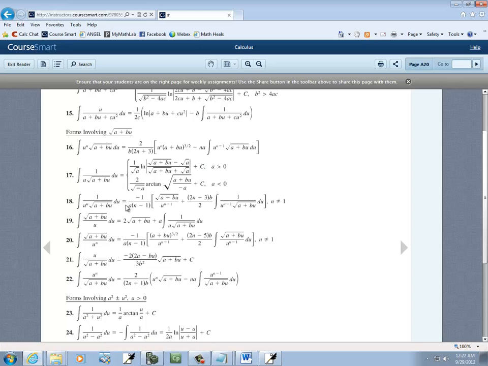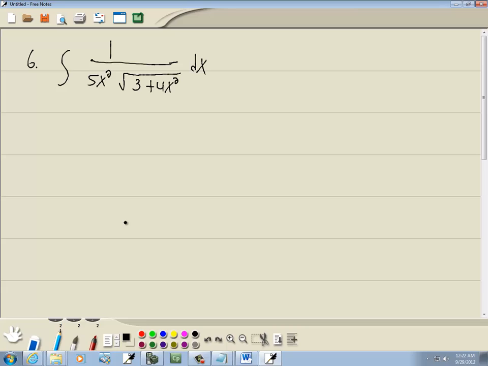Not quite what I'm looking for, I don't think. Reason I think because if this was my U, then if I take du, I'd have 2x. I don't have a 2x here.